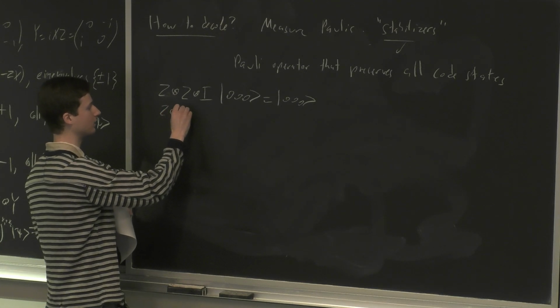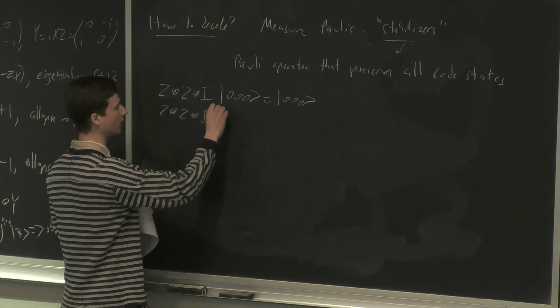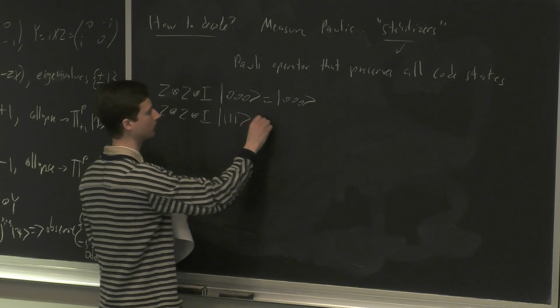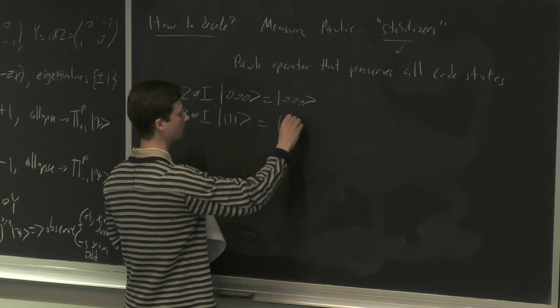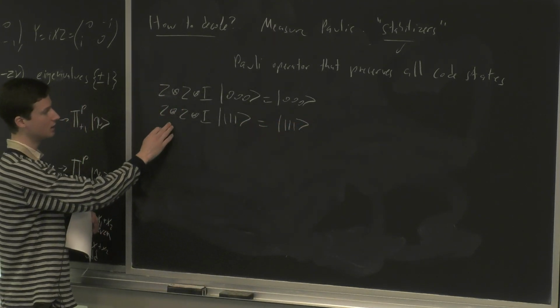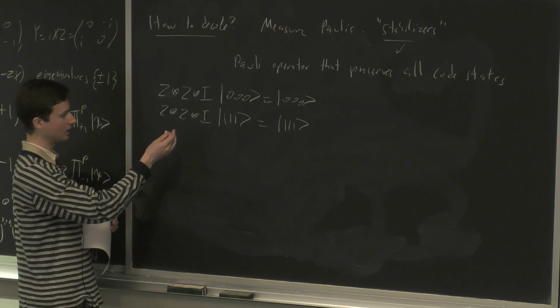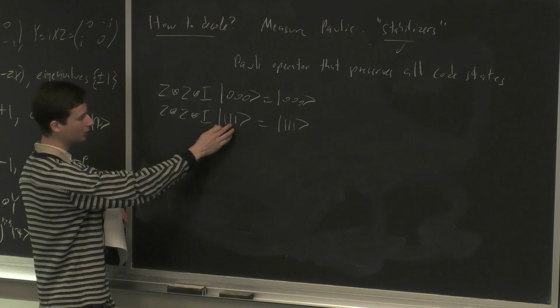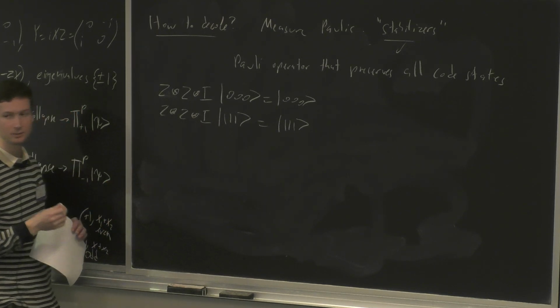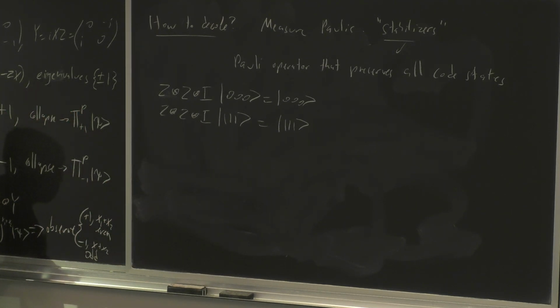And if we apply Z tensor Z tensor I to 1, 1, 1, we also get back 1, 1, 1, because Z acting on this one flips the sign to -1, but then Z acting on this one also flips the sign, so we flip the sign twice, and that cancels out.